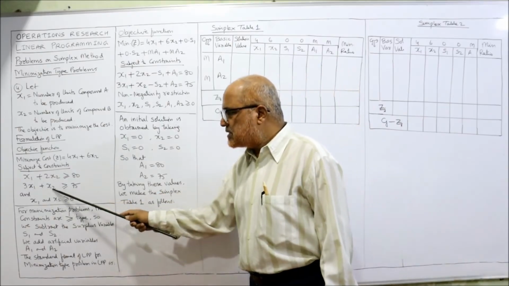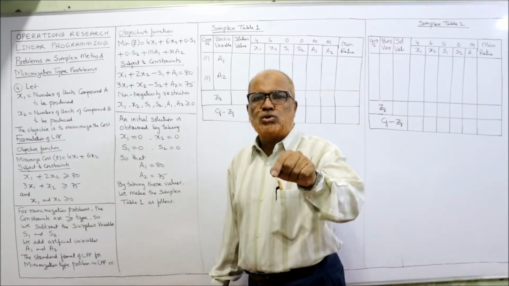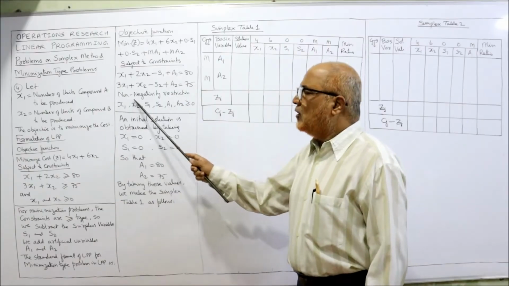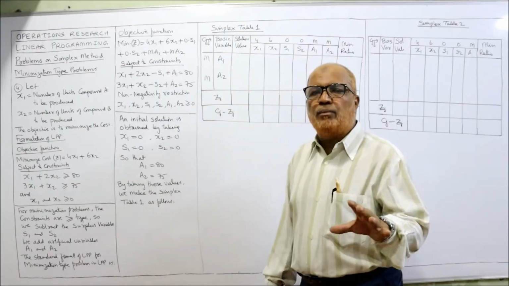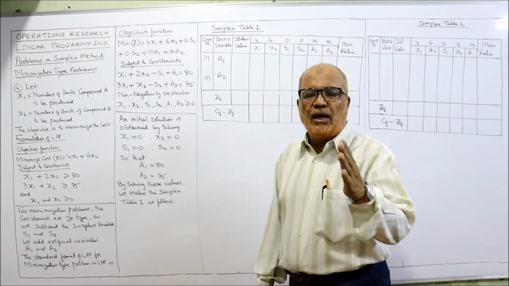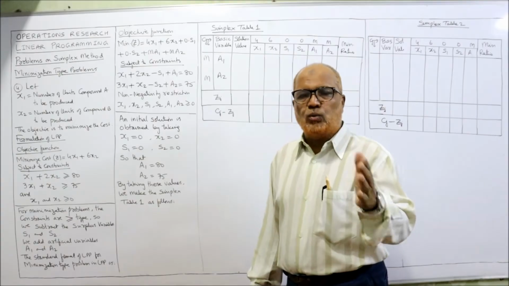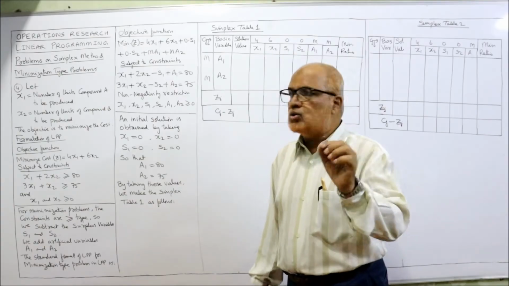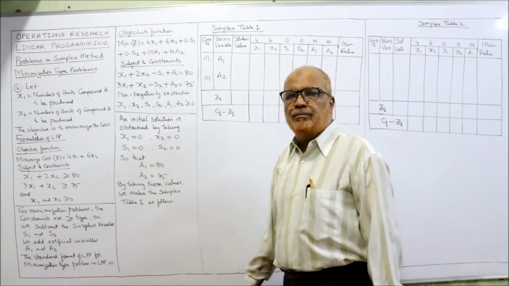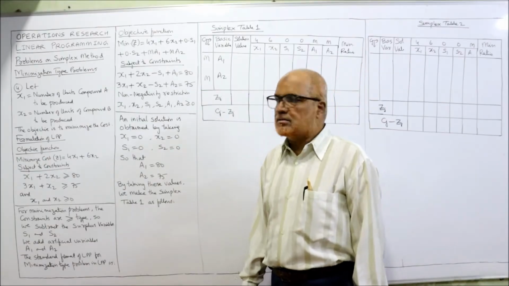Similarly, 3x1 plus x2 minus S2 plus A2 is equal to 75. And the non-negativity restriction says all the variables x1, x2, S1, S2, A1, A2 should be greater than or equal to 0. This is the standard form of LPP to find the solution by simplex.